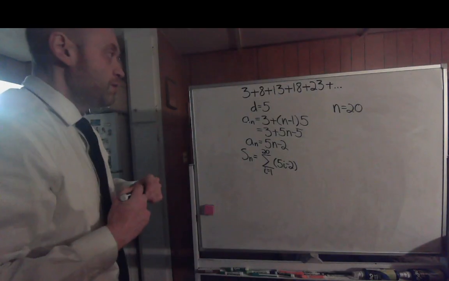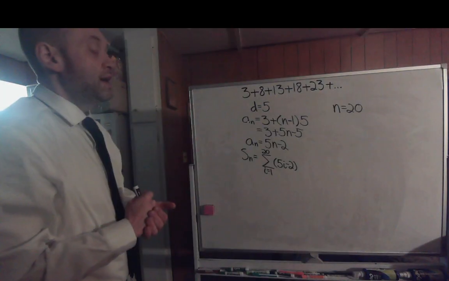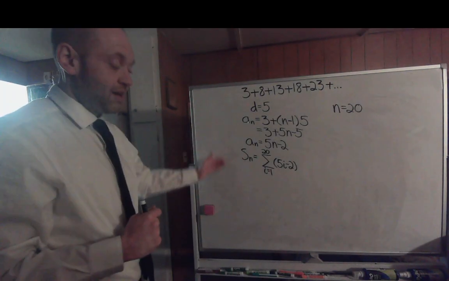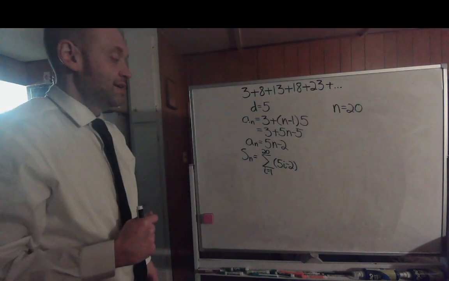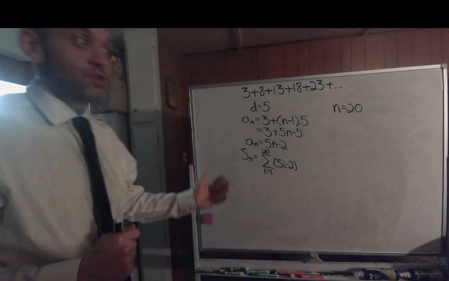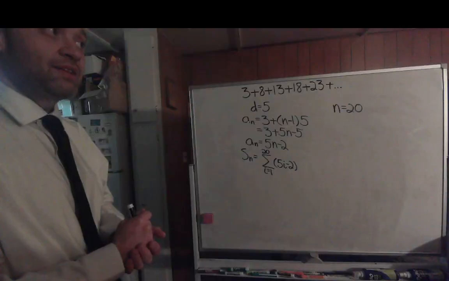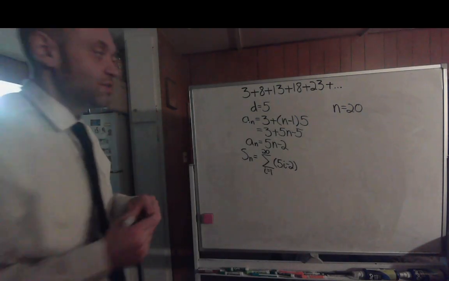Alright, now, you could write out the first 20 terms and add them all together, which would be a real pain in the neck, especially if you're ever asked to find the sum of the first 200 terms or something. Are you going to want to sit and write 200 terms and then add them all together? I don't think so.